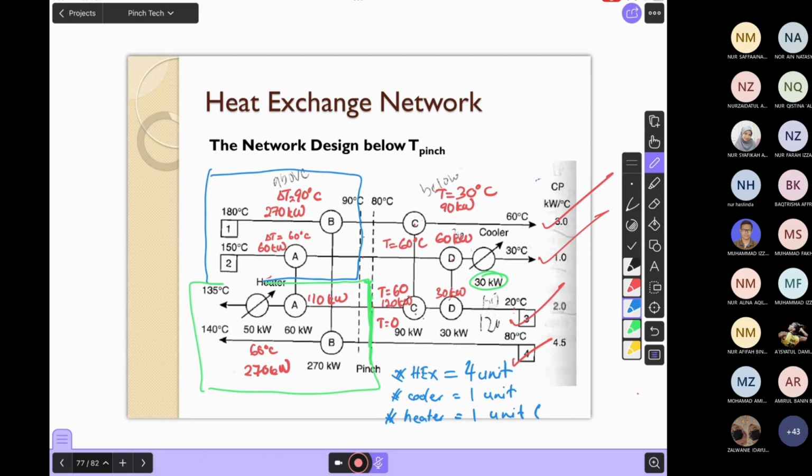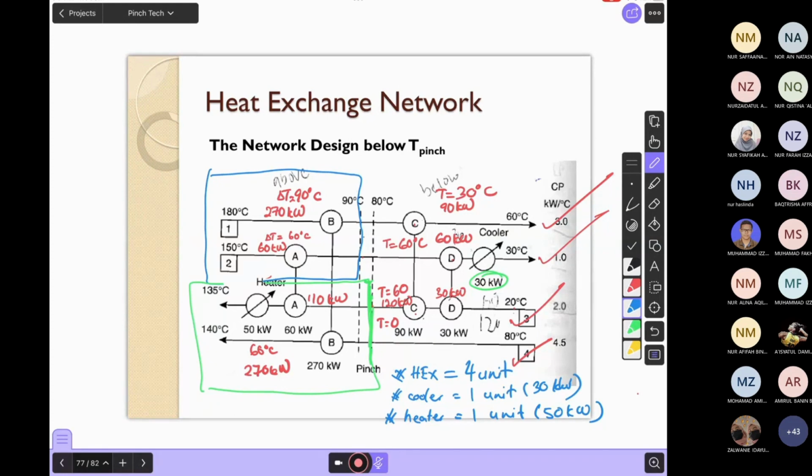So the power of the heater is 50 kilowatt heater. The power for the cooler is 30 kilowatt cooler. Okay, all right. So this is the specification of the utilities equipment that you need.